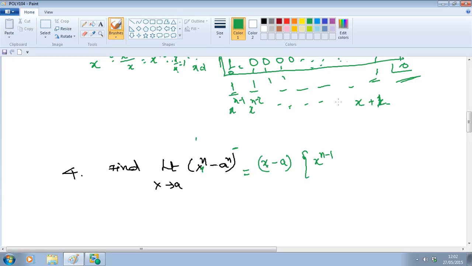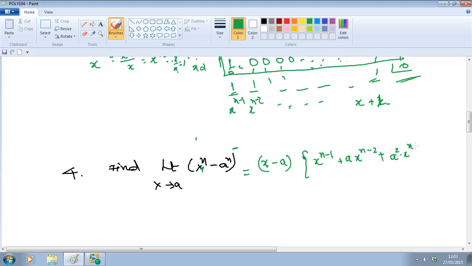You get a factor minus a multiplied by x to the power n minus 1 as extra. So what you do, plus a x to the power n minus 2. So here one a is the next factor. If you find, it is a square.